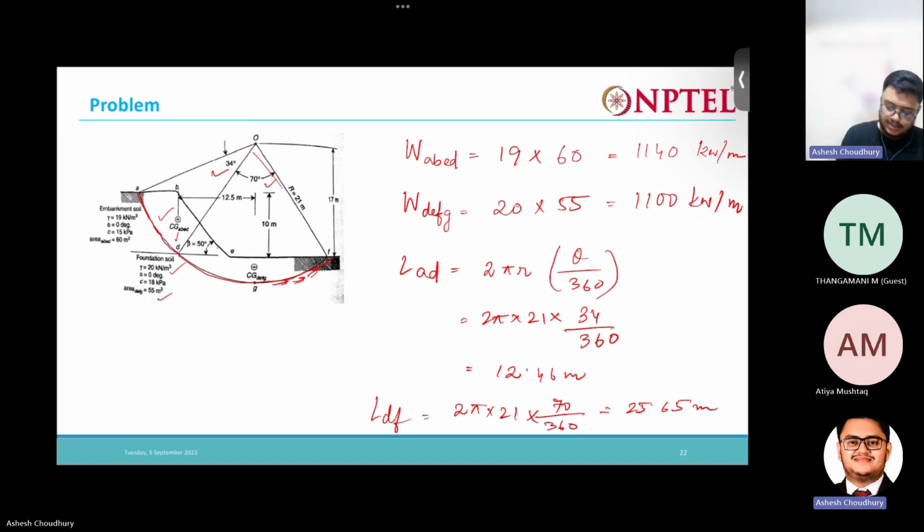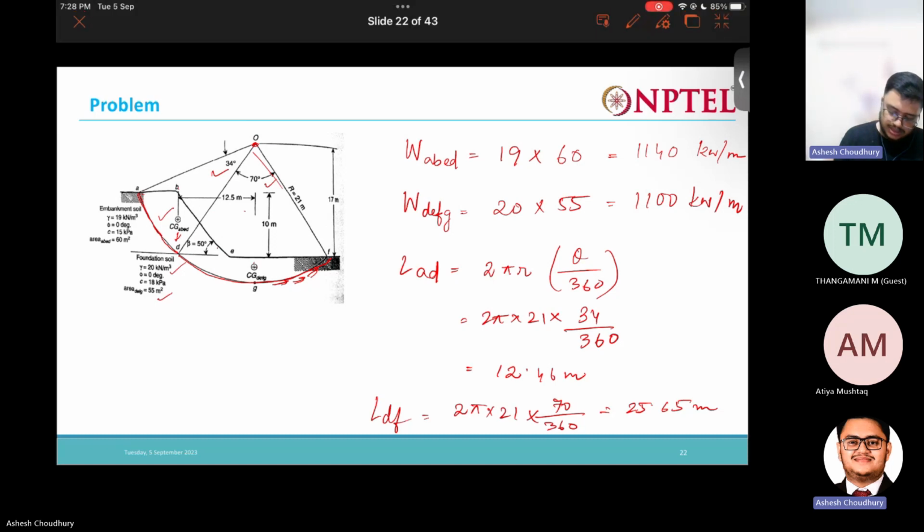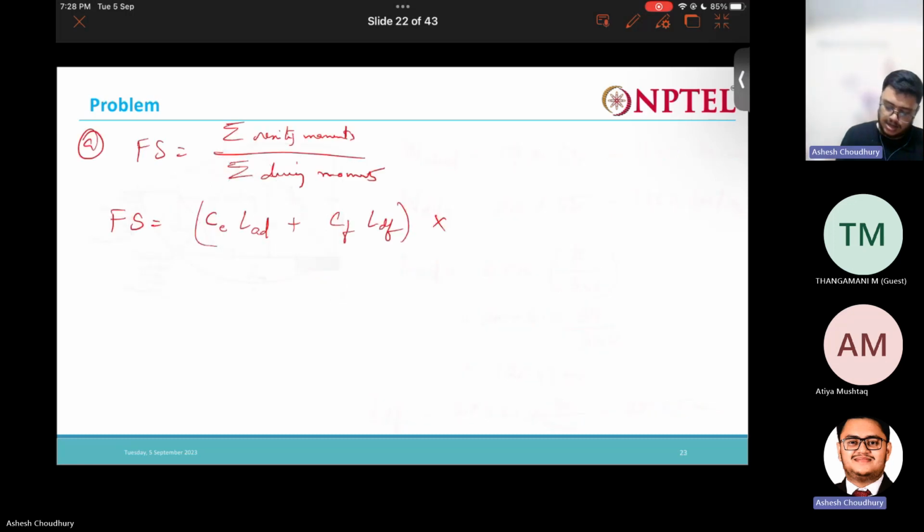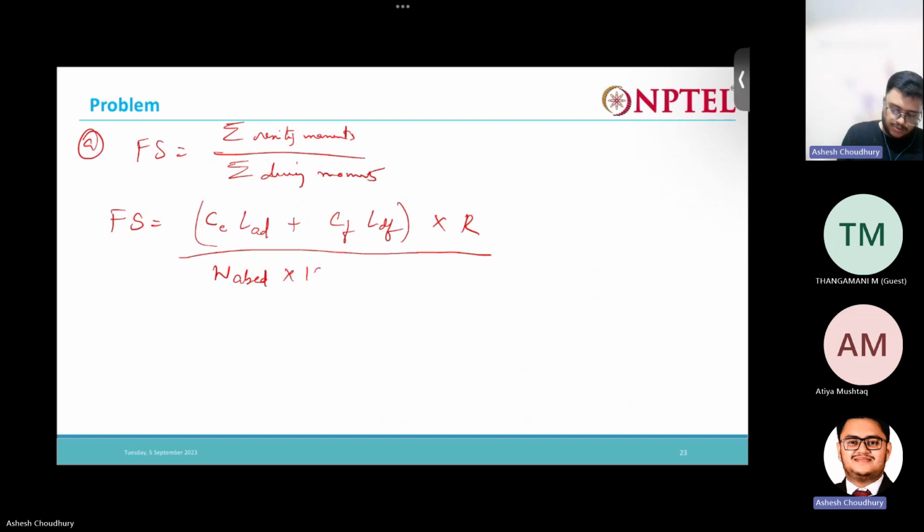So weight times the distance of the CG from the point of rotation: W_ABED times 12.5, and the other weight times 0, because its CG coincides with the center of rotation.